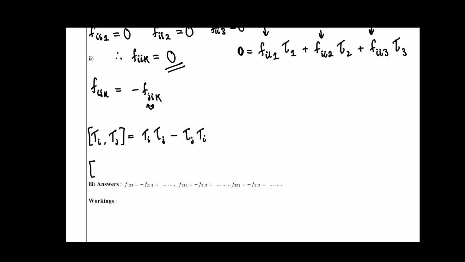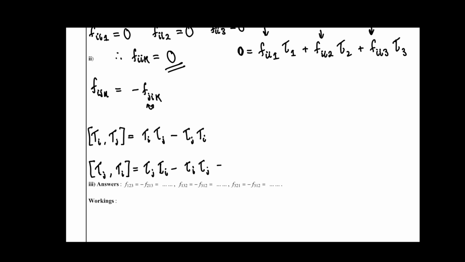And we also need to work out the commutator of tau j comma tau i, which will be equal to tau j multiplied by tau i minus tau i multiplied by tau j. So obviously these two things are very, very similar.